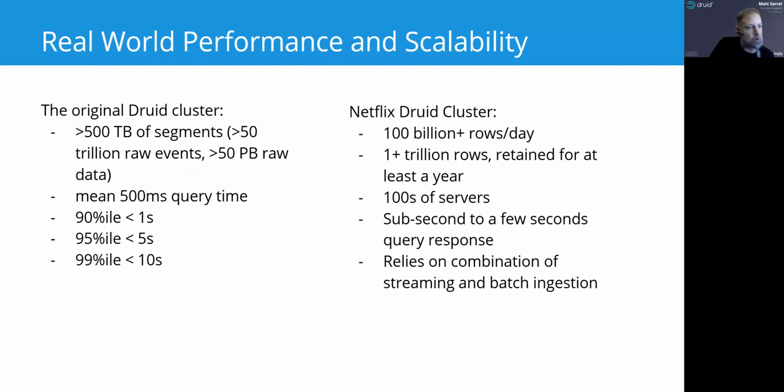Okay, so if you go back to the original page, now we're going to start talking about how Druid works and how that plays into performance. If you go back to the original Druid paper, you can see Druid is high performance, dealing with 100 billion plus rows a day, and sub-second to a few second query response time, like out of Netflix.